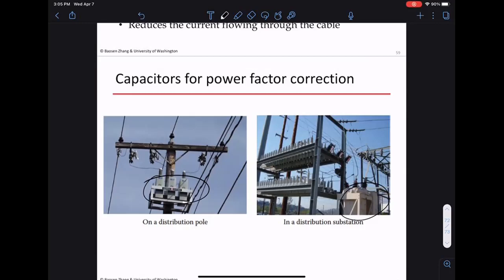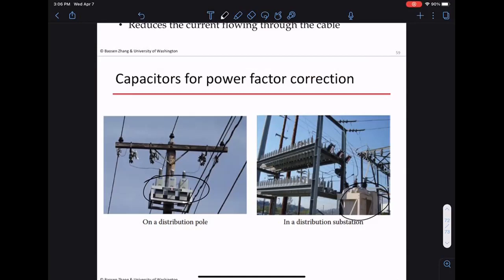Any questions about this? Right. So this is actually a fairly common principle in circuit design. Anytime you have problems, add a big capacitor close to the load. It solves a lot of problems. Okay.